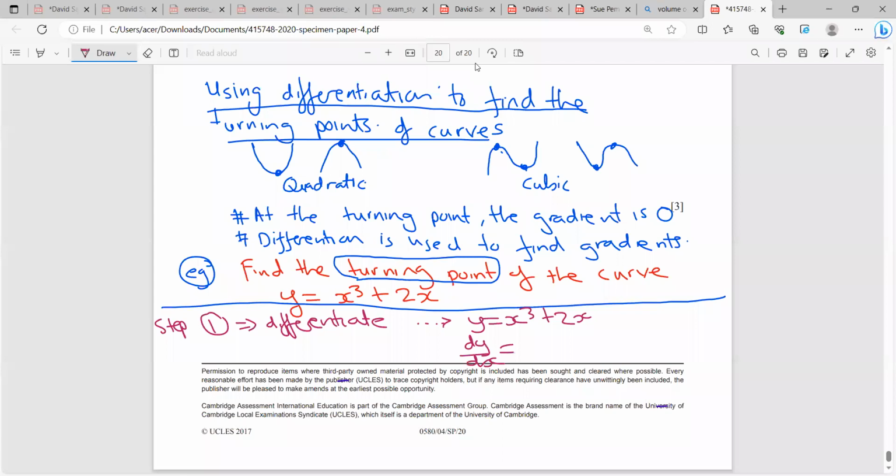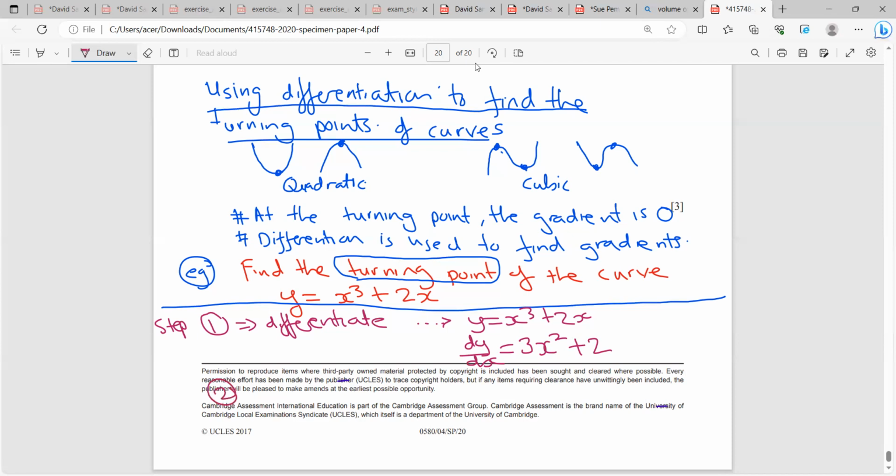Would you use the same method that we did yesterday? Yes. Whenever you're differentiating, you use the same method. Okay, so dy dx would be 3x to the power of 2, good, plus 2. Okay, so that's the first step when you want to find the turning point.